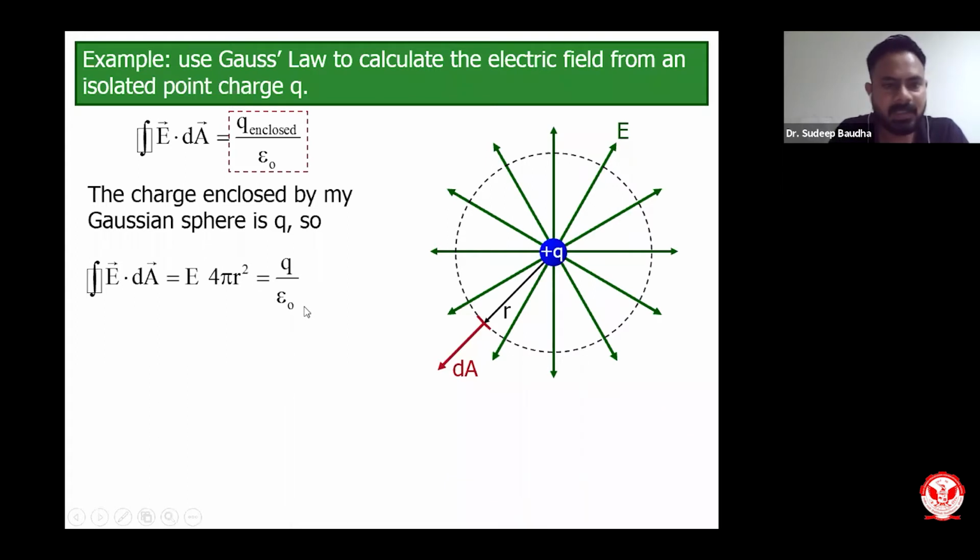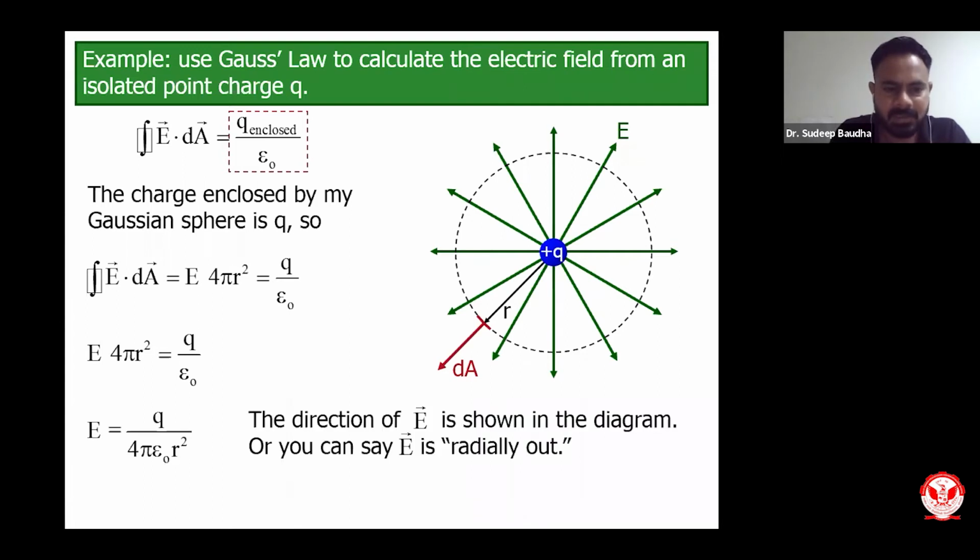Now I can find the electric field from this equation. E 4 pi r square is equivalent to Q upon epsilon naught, and from here I can write that the electric field due to this point charge will be equivalent to Q upon 4 pi epsilon naught r square. The direction of the electric field is shown in the diagram, or you can say E is radially out.